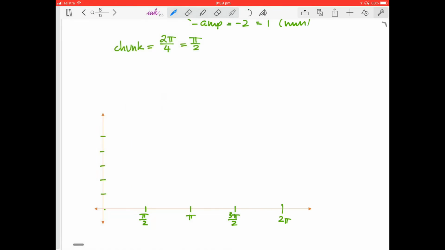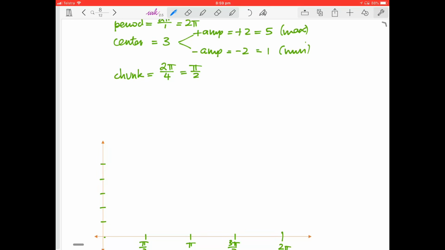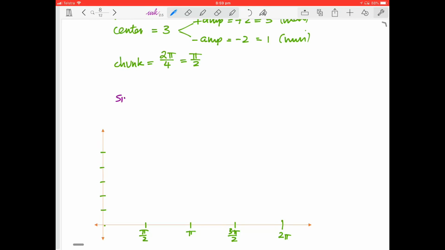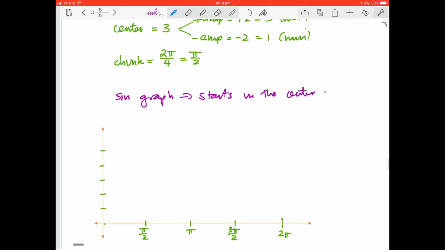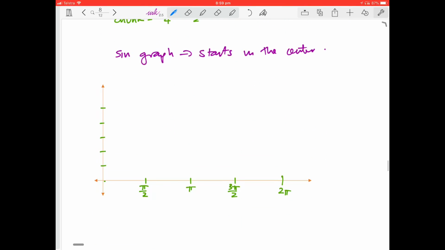We know that this graph is a sine graph. So it starts in the center. We know in this case our center is 3. So we start at 3. Now a sine graph we know goes up first.